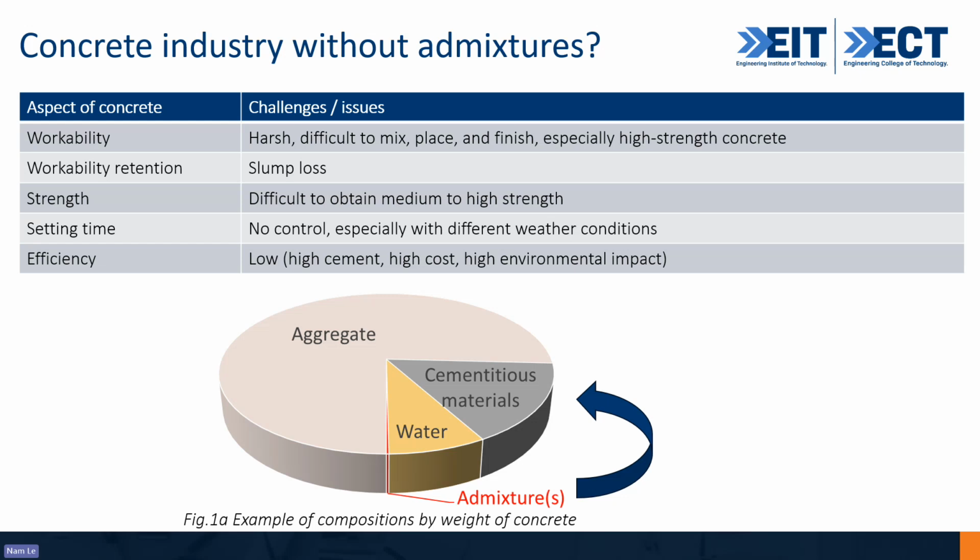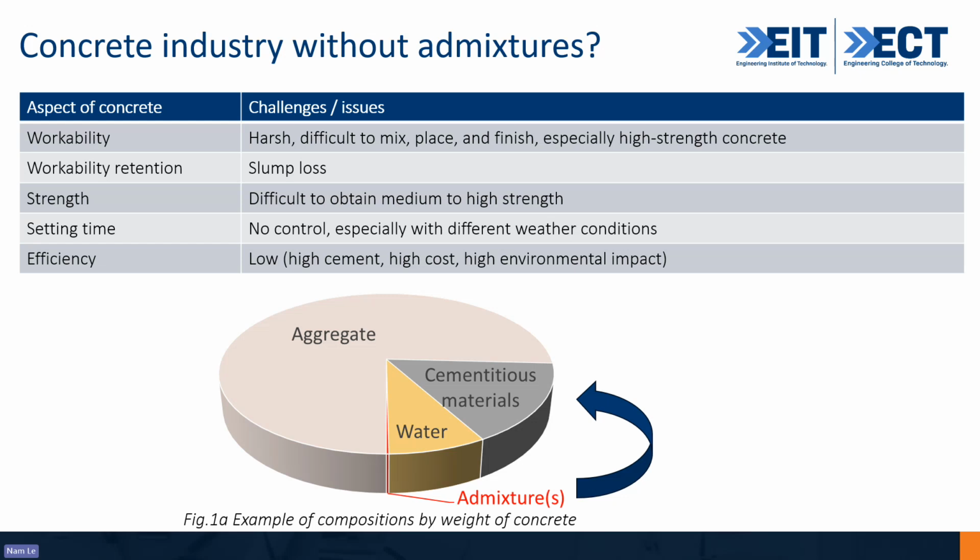If we don't have admixtures, imagine like what we have previously, we only have some water reducing admixtures, we have accelerating admixture, but we don't have any special admixtures. Then we can reduce water, but after some time, the slump of concrete is lost, right? It dropped very fast, especially in hot weather, and then you cannot control it.